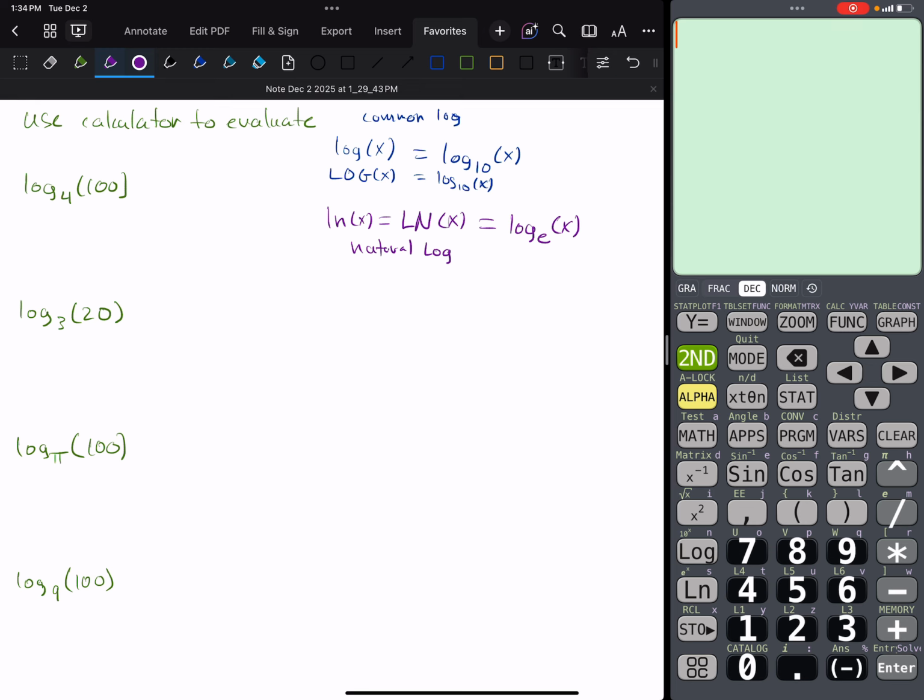We get that directly from the definition of a log: log base a of x equals y is the same as a to the y equals x, and that is the base of my exponential. So this is the base of my exponential, and this is the base of my logarithm.